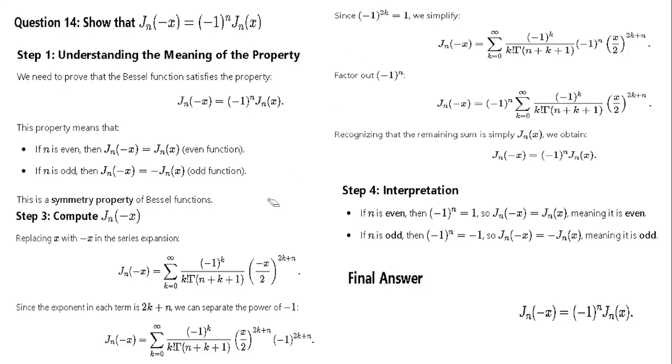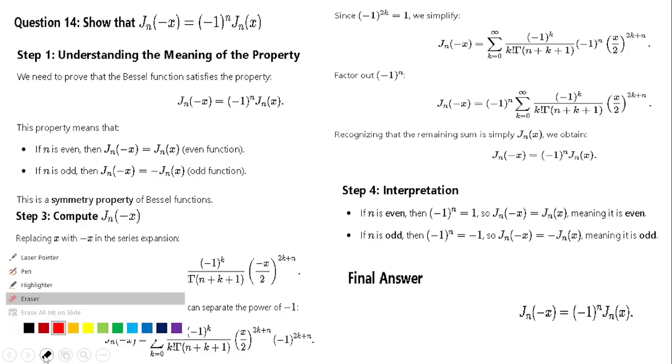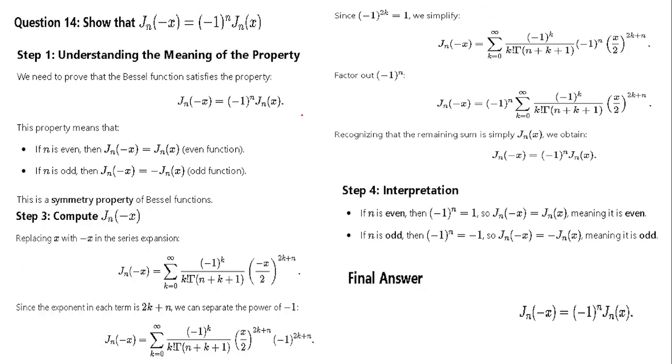So what this is saying, let me do it so that you understand very quickly, is that minus 1 to the power 2k plus n is equal to minus 1 to the power 2k times minus 1 to the power n, right?